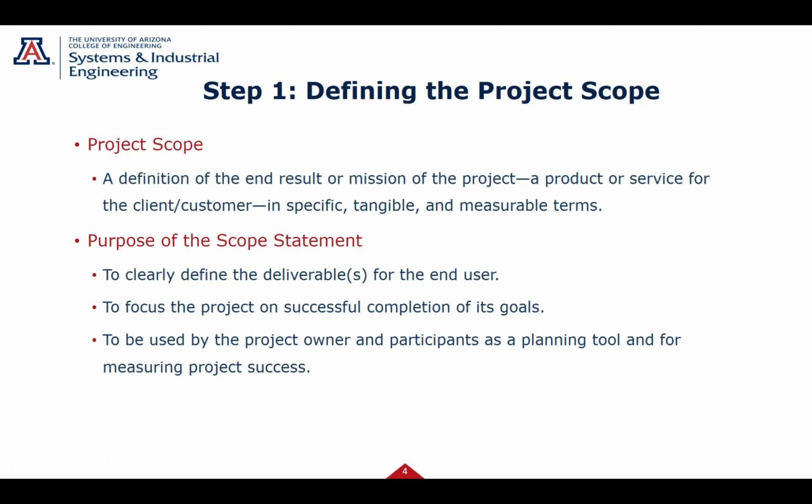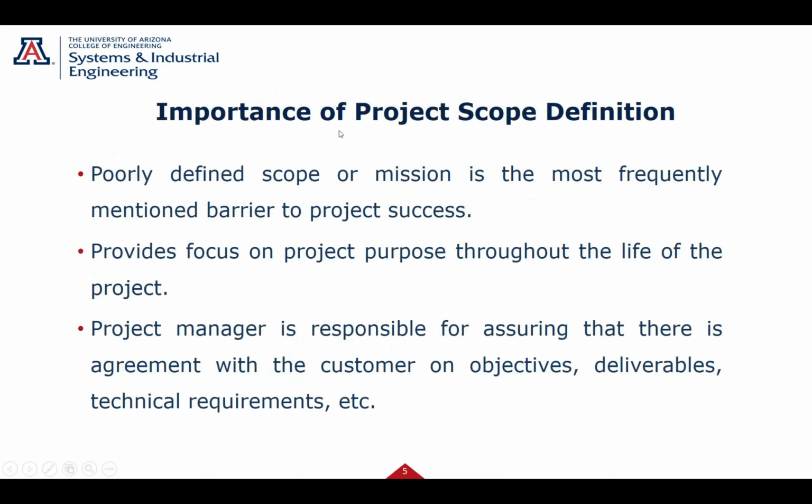You're going to see we're going to set up this project so that we understand its flow and we can measure to its flow. That's where we're heading. So, importance of scope definition. Poorly defined scopes is one of the most frequent reasons projects fail. That scope is not set up clear and concise that everybody understands what is it that they need to deliver to be successful.